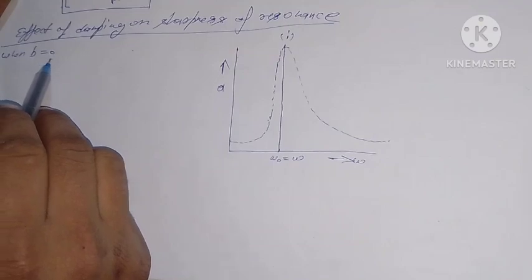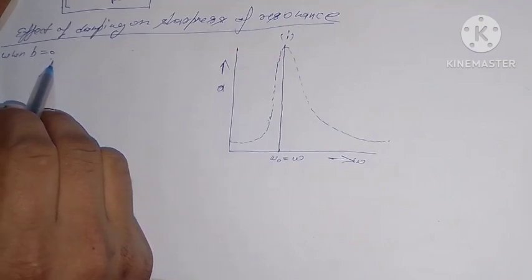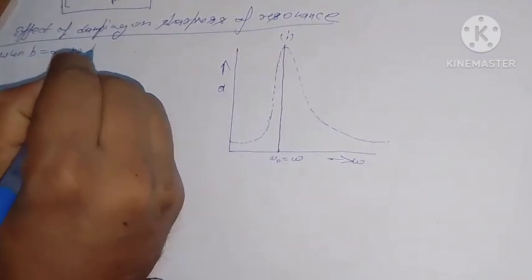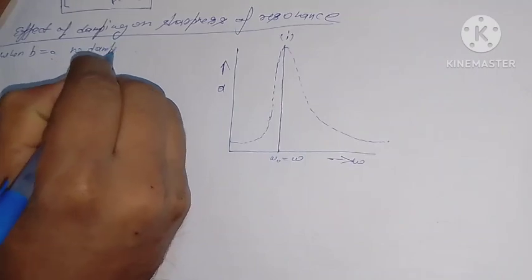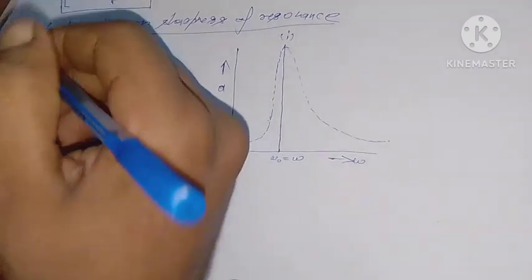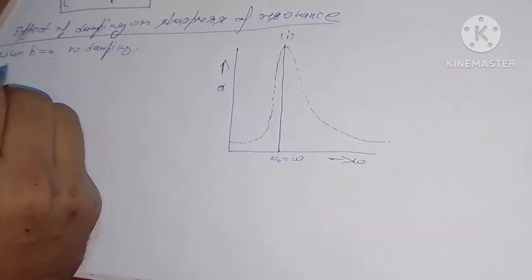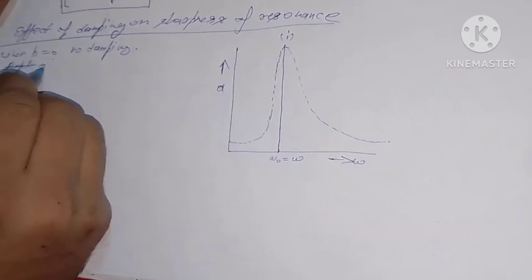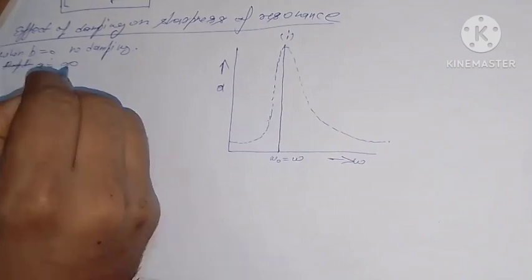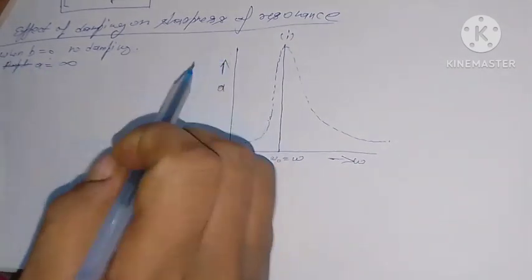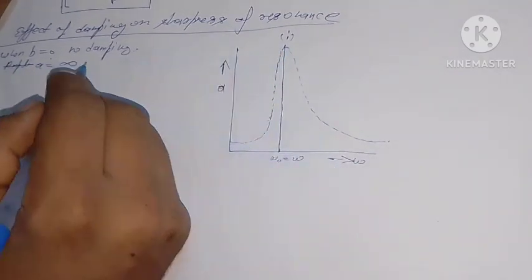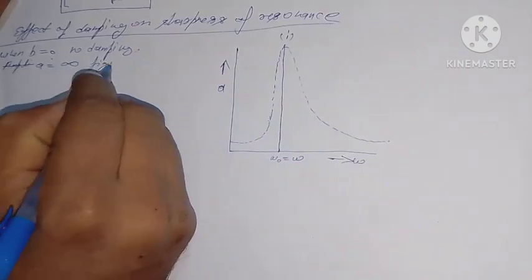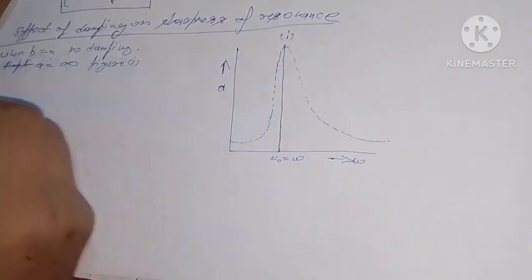When b equal to 0, there is no damping, and the amplitude at resonance becomes infinite. Okay, you can show the figure first.